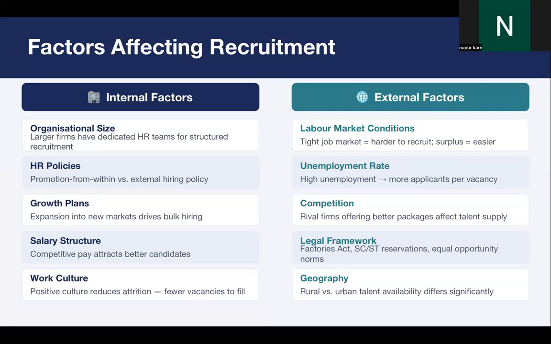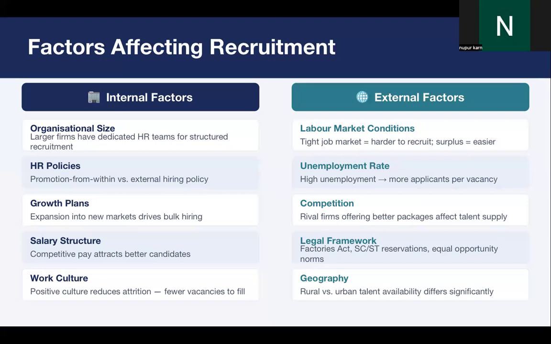So you need to decide what the size of your organization is, and according to that, they will work on this recruitment process. If it's a larger firm, then you need a properly structured recruitment process and team for that. Only then can this process go smoothly.